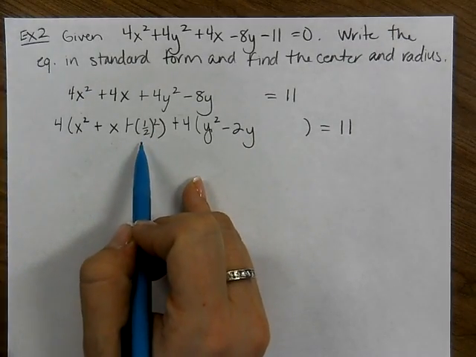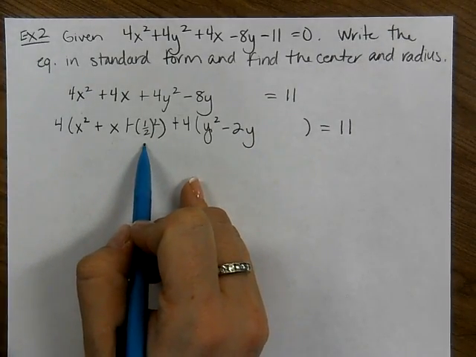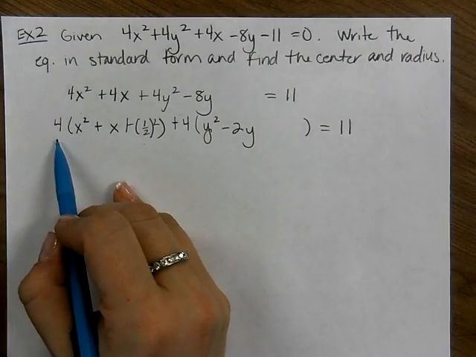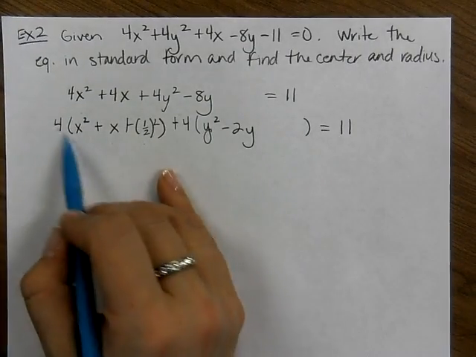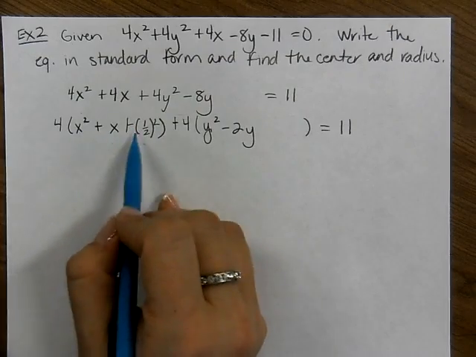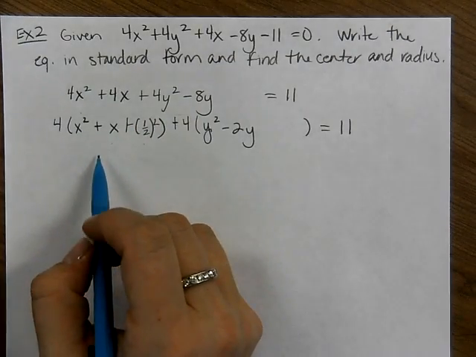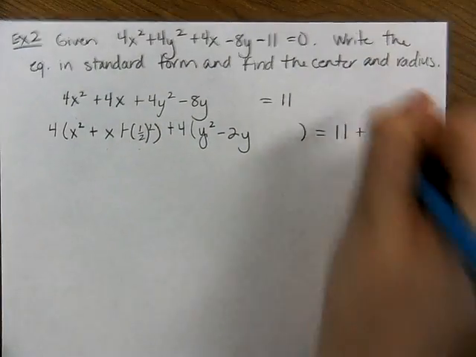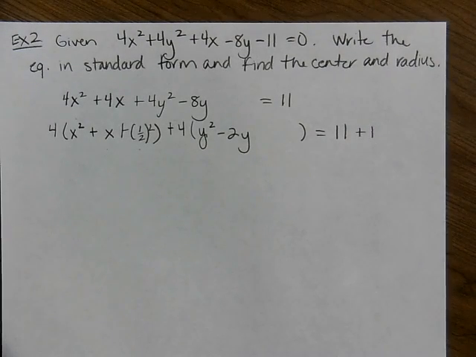Inside here, I'm adding a 4th, right? Because when you square a half, you get a 4th. And if I multiply it by 4, aren't I adding a 1? So if I add a 1 here on the left side of the equation, then I have to add a 1 here on the right side of the equation. Okay, so that takes care of the x piece.